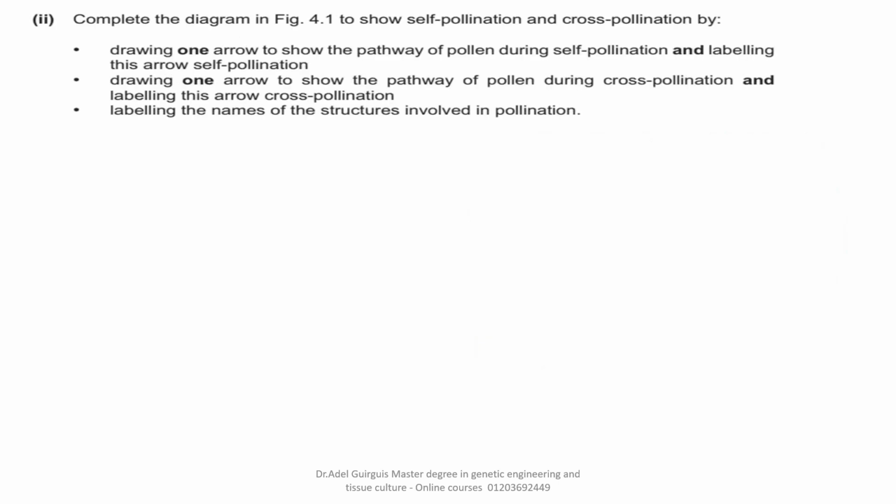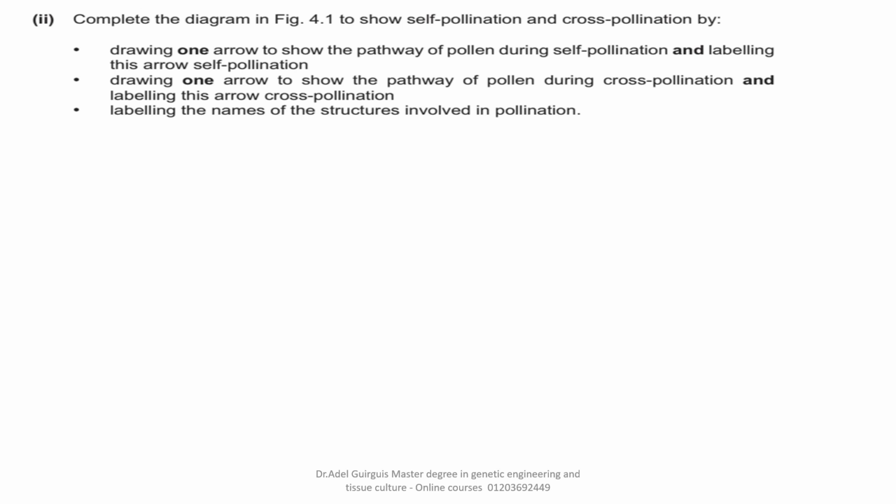Now complete the diagram in figure 4.1 to show self-pollination and cross-pollination by drawing one arrow to show the pathway of pollen during self-pollination and labeling this arrow self-pollination. Drawing one arrow to show the pathway of pollen during cross-pollination and labeling this arrow cross-pollination.